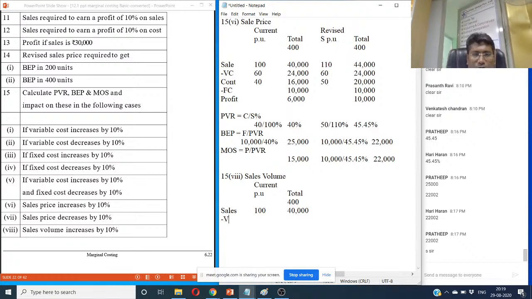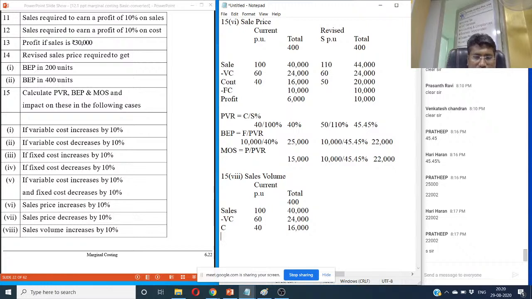And variable cost being 60, or 24,000. This is the current scenario. And contribution being 40, and 16,000. Then minus fixed cost, which is 10,000. And your profit being 6,000.